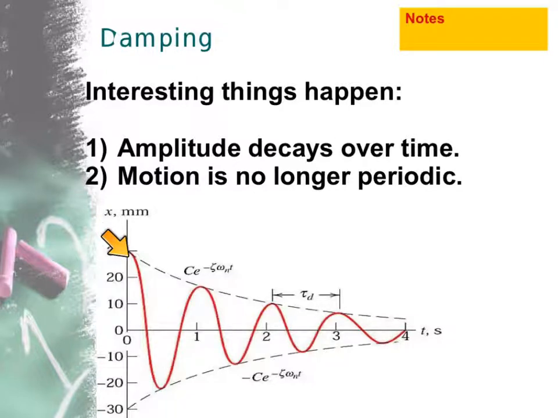If I were to plot the displacement versus time for our new system, you'll notice that its amplitude decreases over time. And I could take my cosine and wrap it in an envelope right here, and this envelope is e to the negative zeta omega n times t.